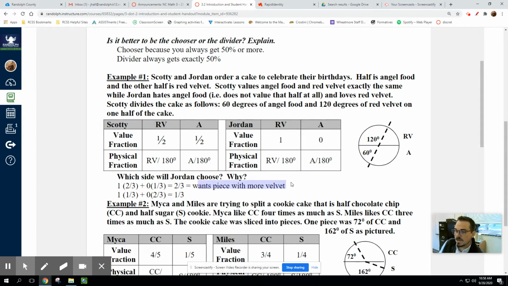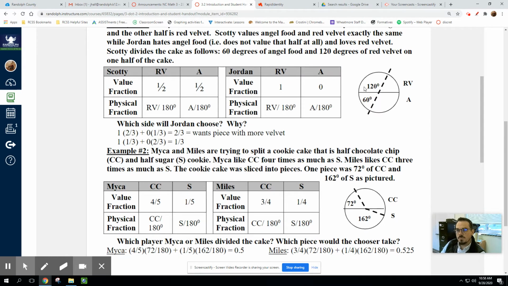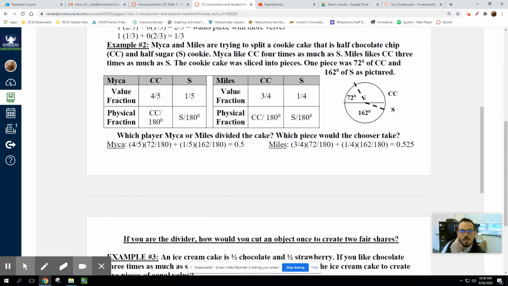He's going to want that piece of red velvet cake because it's greater than the half that we want. The other piece off to the side is 1/3 times 1, plus 2/3 times 0, so 1/3. So he does not value that 50%. Which piece does he want? The one that was cut originally, the 120 and the 60. It makes sense that they're going to want more of the red velvet cake.